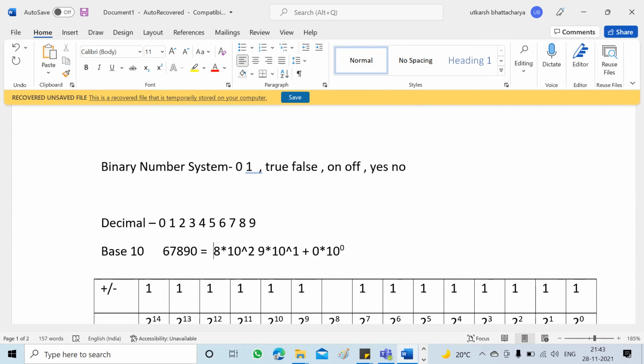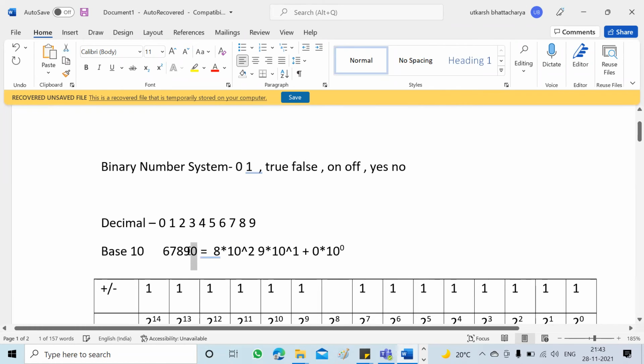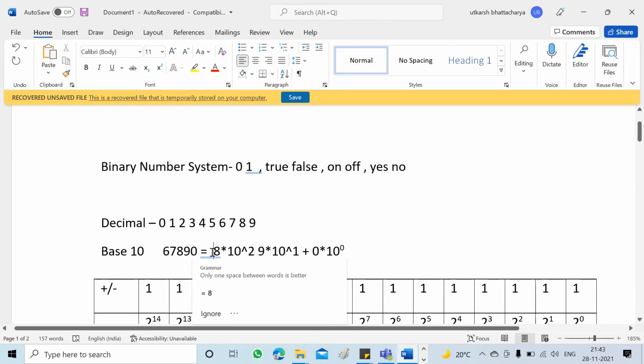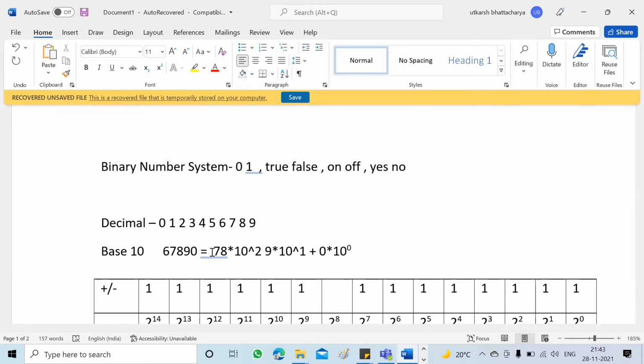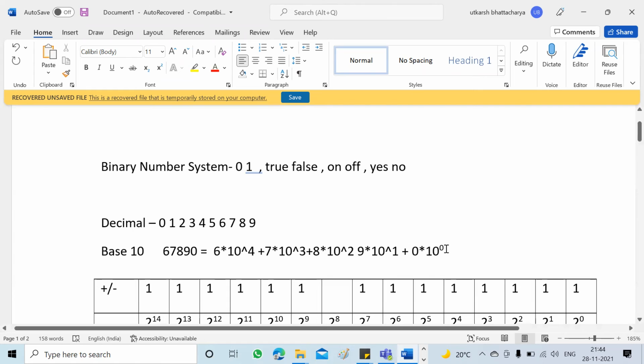Everyone is understanding what I'm doing here? This is how we calculate the number places: the ones place, the tens place, the hundreds place, the thousands place. That's how the powers are there.